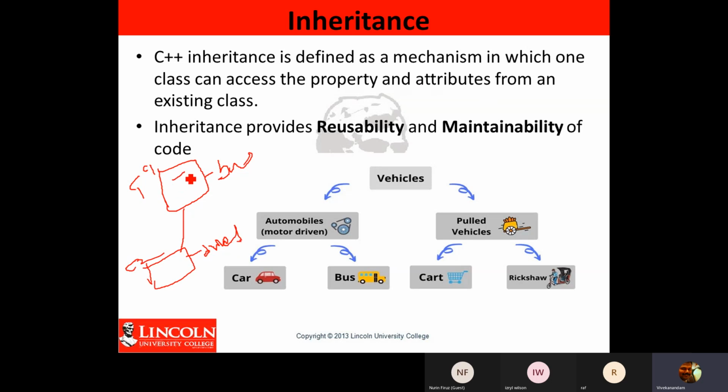Say for example, vehicle. Vehicle is the base class. We can divide vehicle into automobile, motor-driven, or pulled vehicles. We have so many vehicles, so we can divide it into two kinds. Under automobile we have car and bus, and pulled vehicles we can divide further.